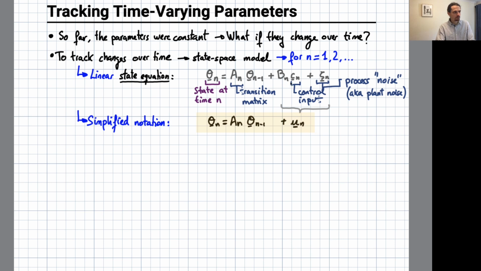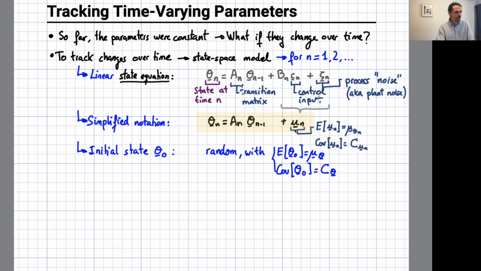So this will play the role of the mean of that noise that will be known to us, and then this will be the perturbations around that mean. So this will be the notation that we will choose for the moments of the noise.